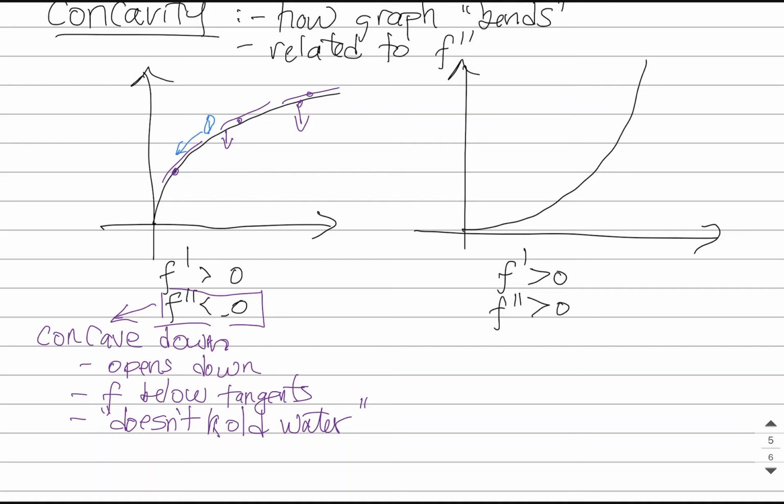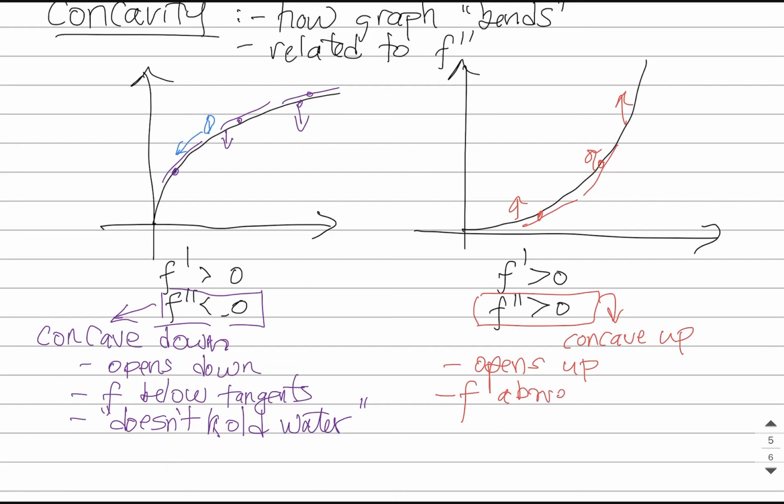Now, if you've got a situation like this, we are going to call it concave up. The graph of the function smiles. It opens upward. No matter where you draw a tangent, the function is above the tangents.